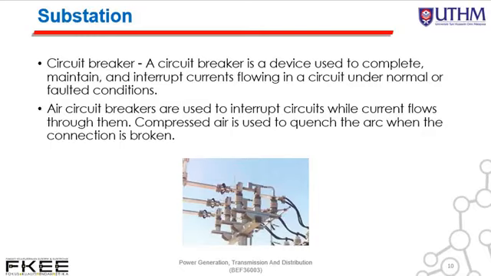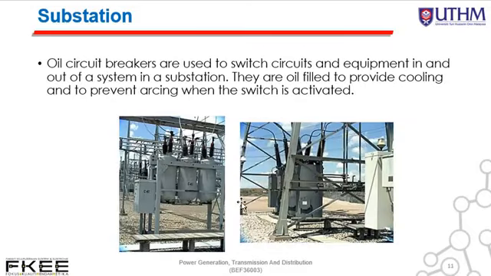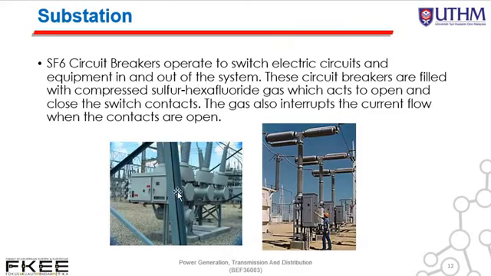There are several types of AC high voltage circuit breaker. The first one is the air circuit breaker, as shown by the figure in slide 10. The second one is the oil circuit breaker. The third one is the SF6 circuit breaker.